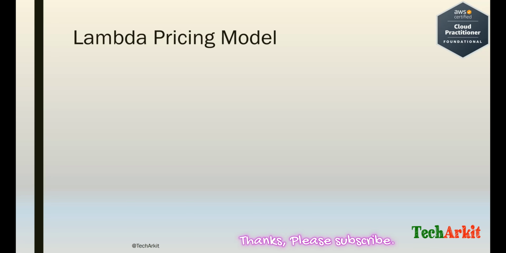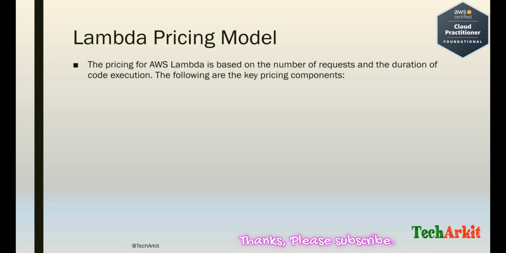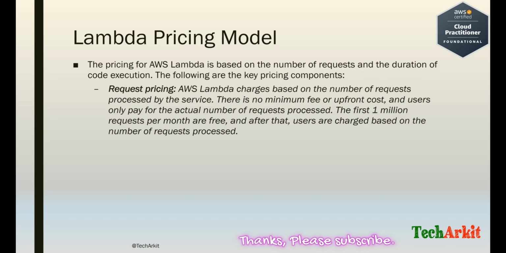Lambda pricing model. The pricing model of AWS Lambda is based on the number of requests and duration of code execution. The following are the key pricing components. Request pricing: how many requests you send, that much billing you will get.